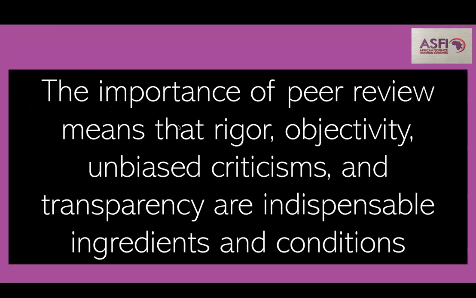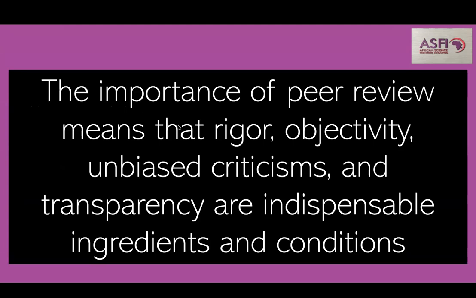The importance of peer review means that rigor, objectivity, unbiased criticisms, and transparency are indispensable ingredients and conditions of that process. All right. And that is why when you accept to do peer review, they want you to declare any conflict of interest.